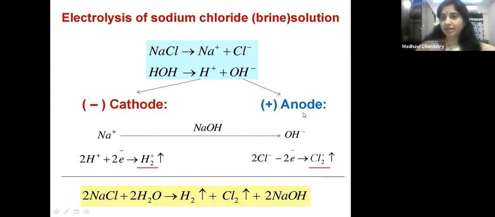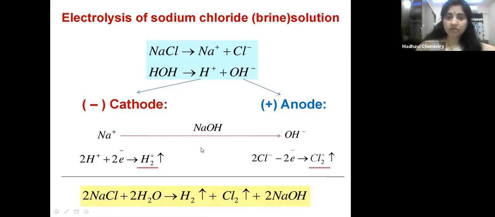From the anode. How? Because sodium chloride dissociates into Na+ and Cl-. These Cl- move towards the anode, lose two electrons and convert into chlorine gas, right? Along with chlorine gas, the byproducts that we get are hydrogen gas and sodium hydroxide.